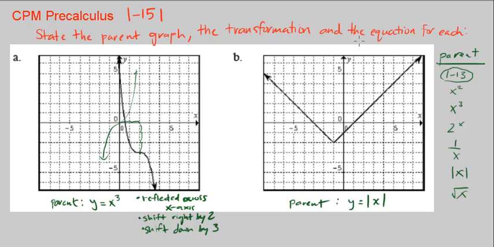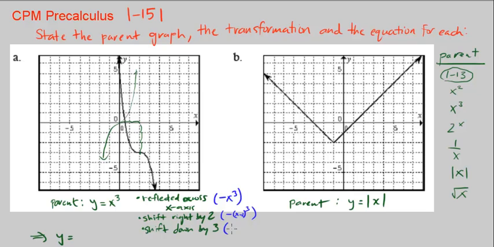So what is the new equation? So our graph here, y is equal to, well, if we reflected, remember that's going to make it a negative, right? This makes it negative x cubed, right? Shift to the right means in our input of x, it's going to be minus 2 there, x minus 2, right?